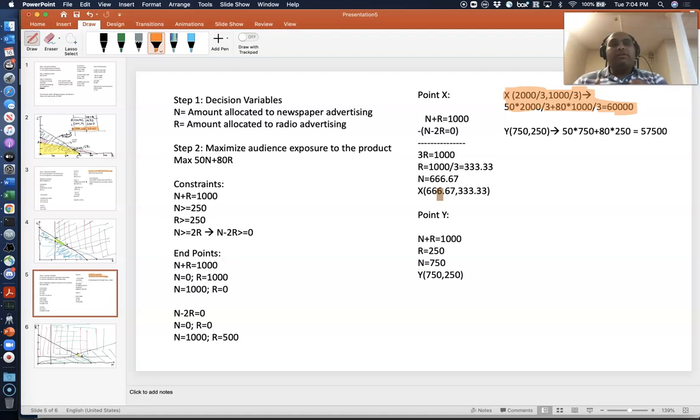Here we were not given that such thing is impossible, so we are going to go with that. So we're going to say that spend 2/3 of the money on newspaper advertisement and spend 1/3 of the money on radio advertisement, right? And that's the final solution. And you'll get an audience exposure rating of 60,000 units, right? Okay, that's the solution for the third problem on the homework.